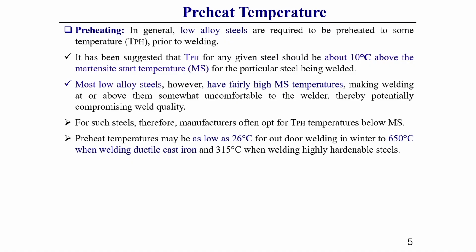Now, first of all I will discuss preheating. So, what is preheating? In general, low alloy steel is required to be preheated to some temperature prior to welding. So, before welding low alloy steel types of material, what do we need to do? We need to do some preheating operation.